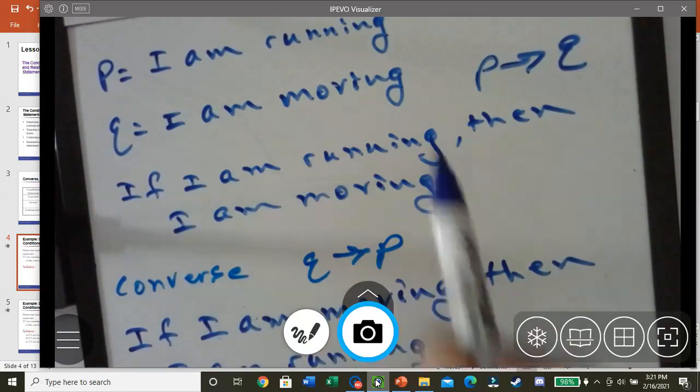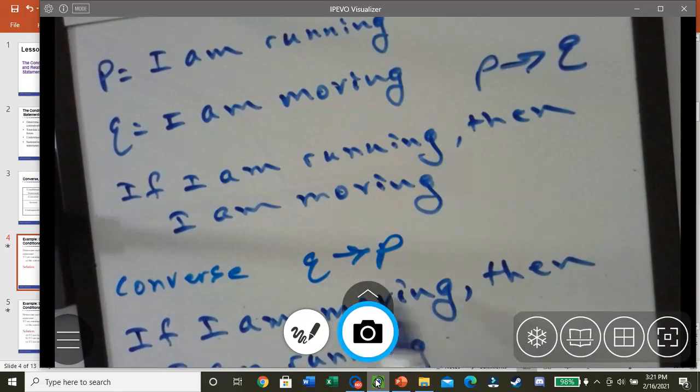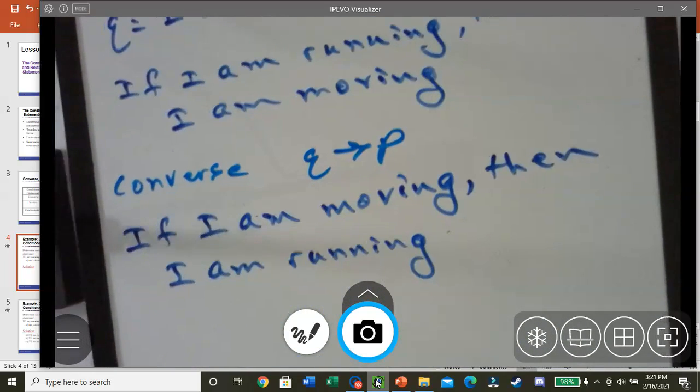Okay, Q is I am moving, so this will be if I am moving. P is I am running, so this will be if I am moving, then I am running. Okay, that's the converse.